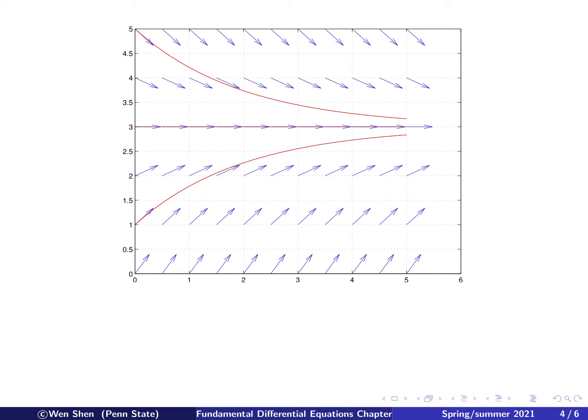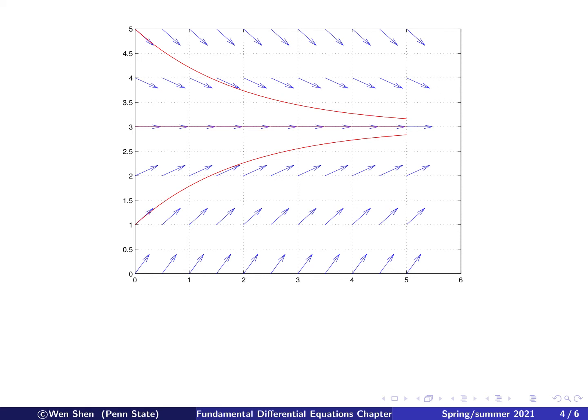And then because 5 minus 3 is bigger, the slope will be steeper. So it will come down steeper with a negative slope, but they'll all be the same along this line. So all these little arrows are parallel to each other, but now they are steeper than this bunch of arrows.